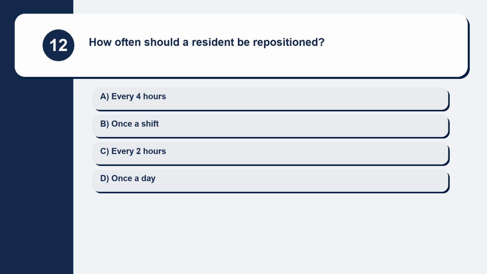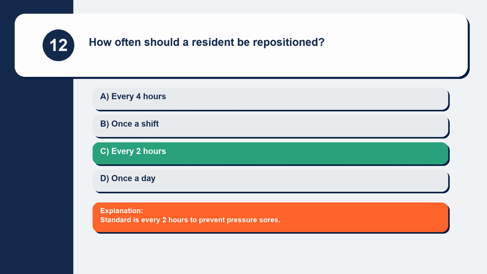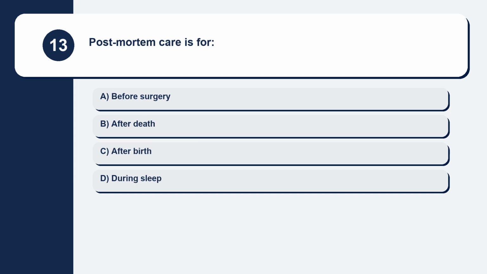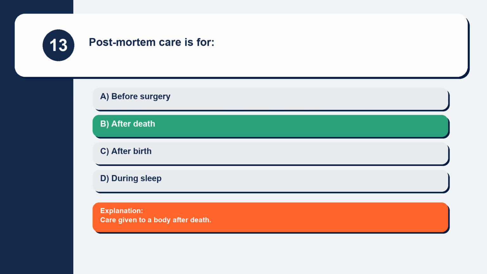Every 4 hours, once a shift, every 2 hours, once a day. Standard is every 2 hours to prevent pressure sores. Question 13. Post-mortem care is for before surgery, after death, after birth, during sleep. Care given to a body after death.